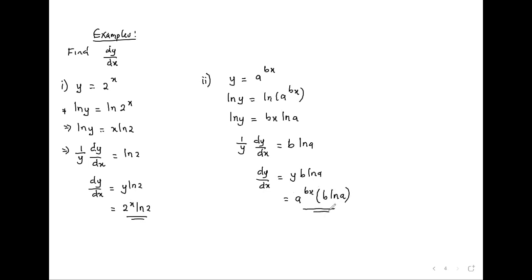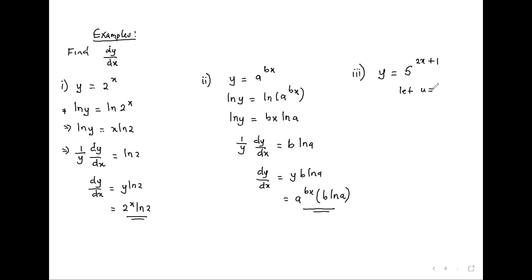This is a general formula, meaning that if you differentiate an equation of this nature, y is equal to 5 to the power 2x plus 1, we differentiate the power.